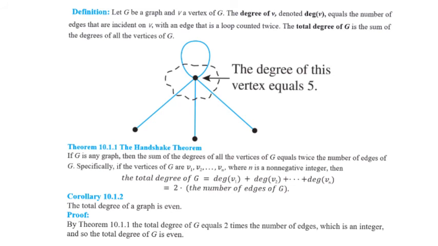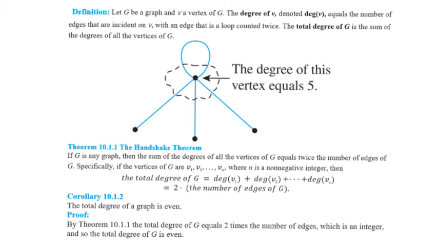So if we have a loop edge, it is counted twice. The total degree of G is the sum of the degrees of all the vertices of graph G.